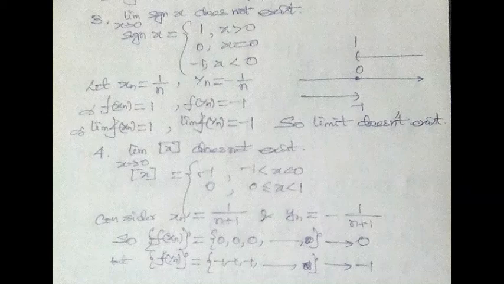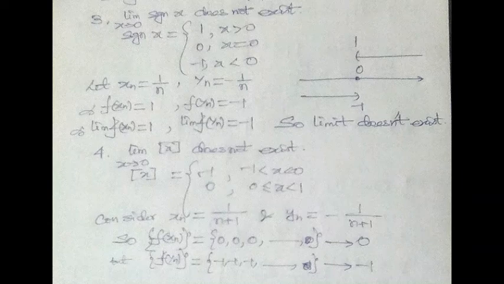So the sequence f(xn) consists of all zeros, which implies that the sequence f(xn) converges to 0, and similarly the sequence f(yn) consists of all -1, so that the sequence f(yn) converges to -1.